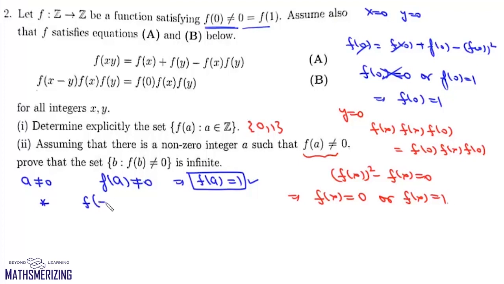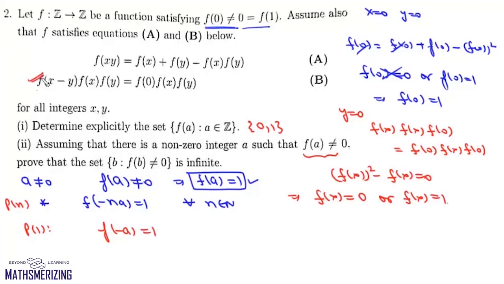We'll prove that f of minus na will be 1 for all n belonging to natural numbers, and we'll prove this result using induction. So let the statement be Pn. Now first we'll prove P1 is true. Now if we put n as 1, we'll get f of minus a equals 1.